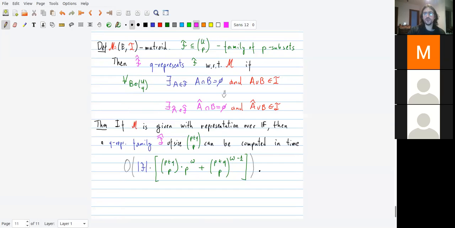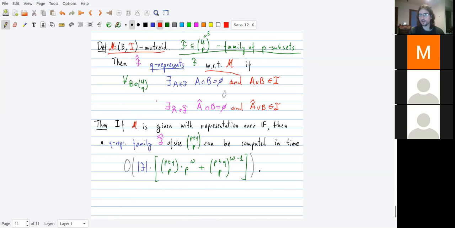sets. So imagine that again I've got some family of p-subsets of a universe U, maybe universe E. And I've got also some matroid structure on this universe. And now I would like to extend the notion of representative sets or representative families to representative families with respect to this matroid structure.